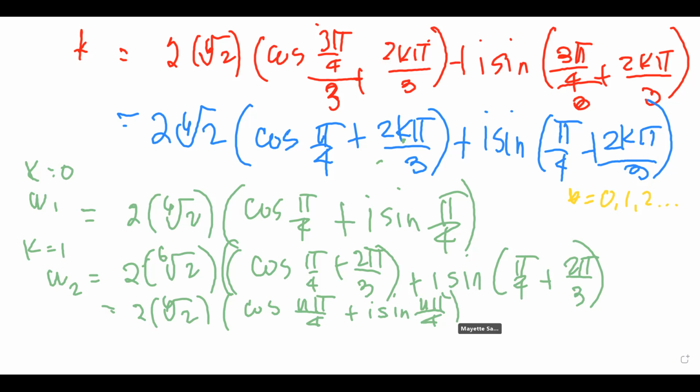Now, remember in the fundamental theorem of algebra, if we're finding the third root, we are expecting to have 3 roots here. So the next thing you will need to do is find the value of W3, where k is equal to 2. Let's find the last root.